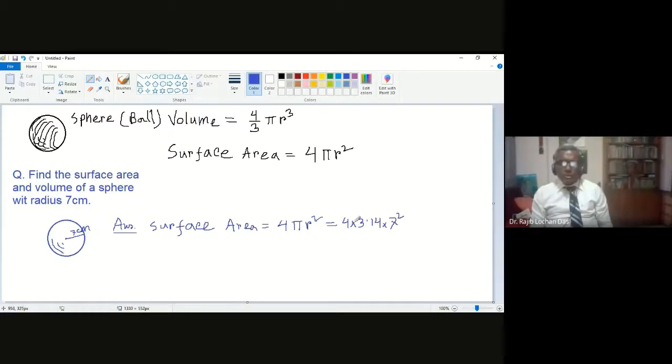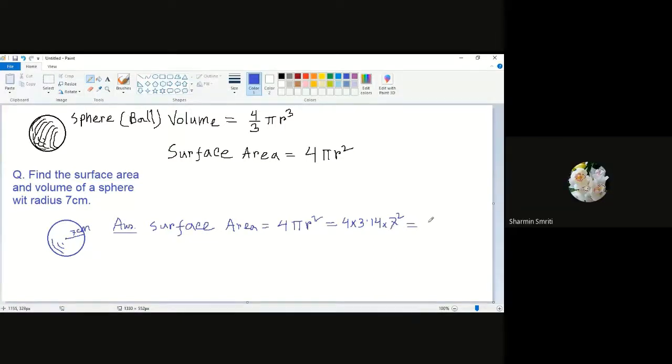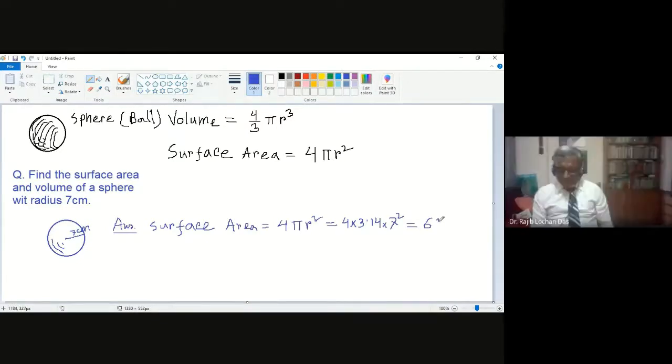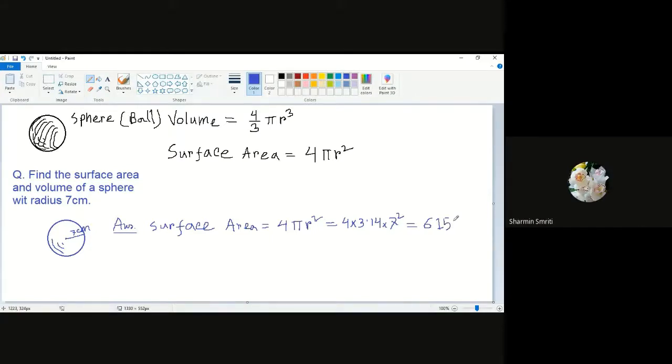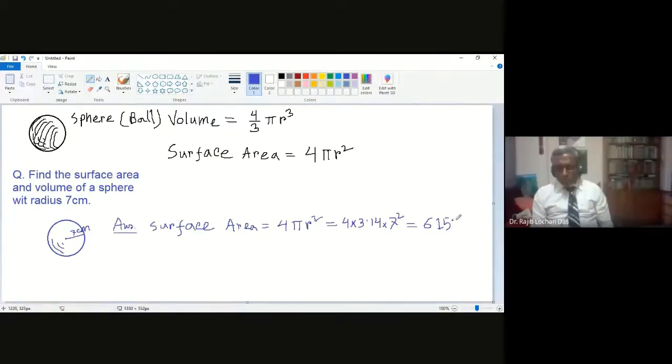Use your calculator now. 4 into 3.14 into 49. What will be the answer? 615.44 centimeter square. So this is the answer.